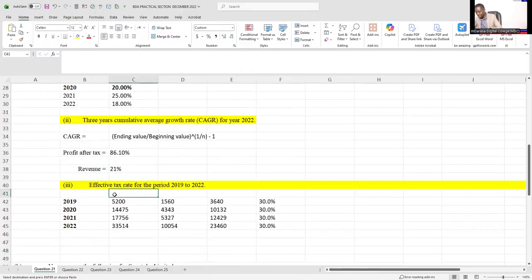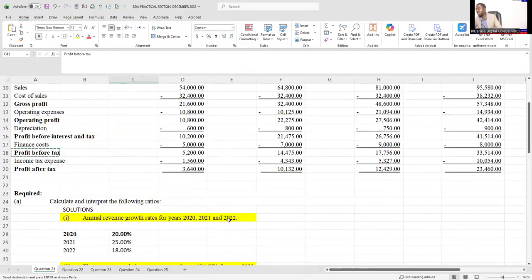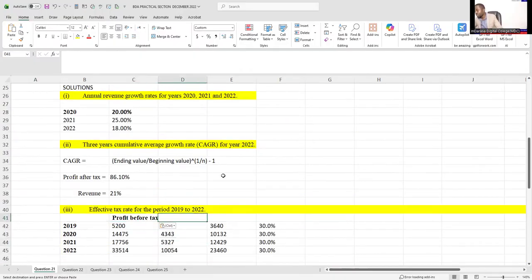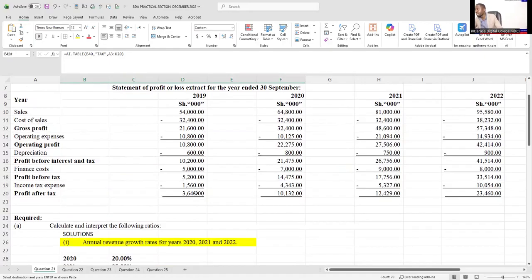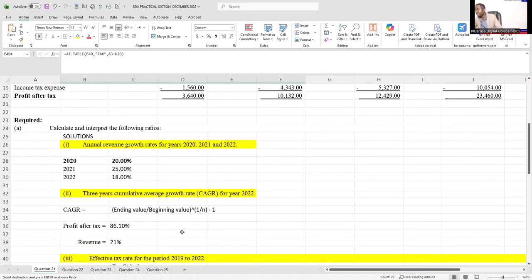That is, the other value should be, we can simply copy paste in here to remove the whole bit, 1560. That is income tax expense.